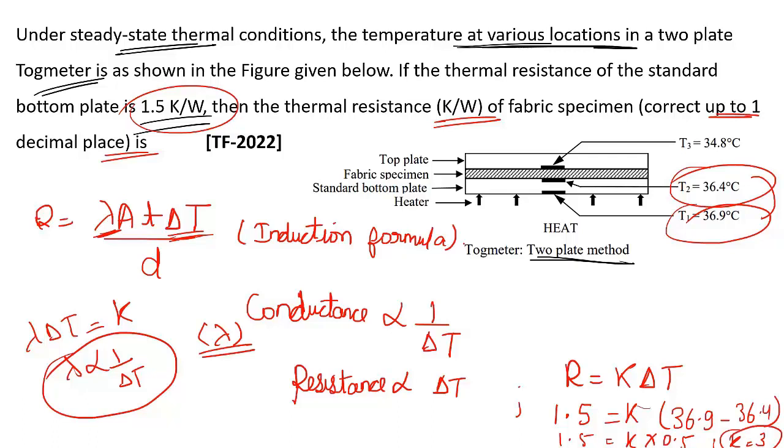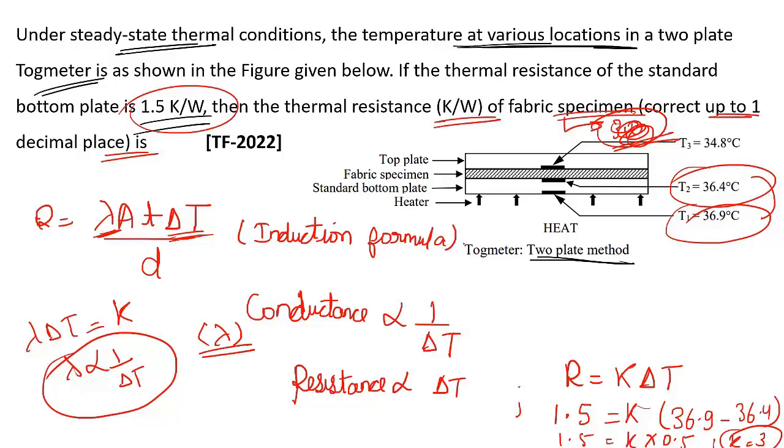So the value of K correct up to 1 decimal place is 3.0, but it is not the thermal resistance, it is a constant that we have found.